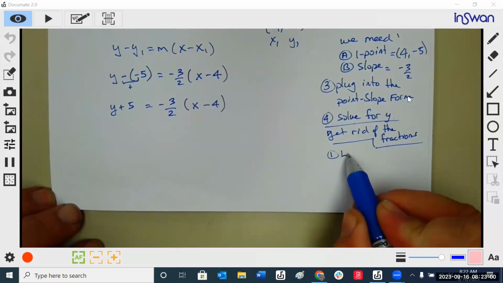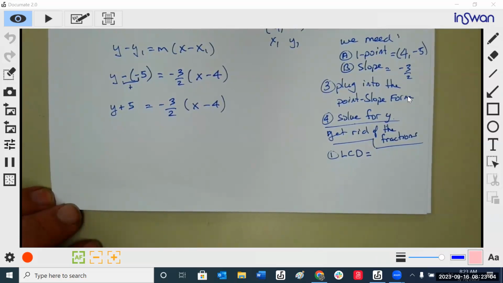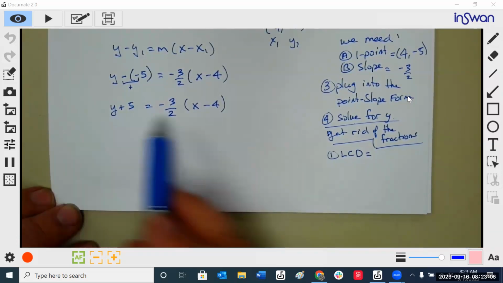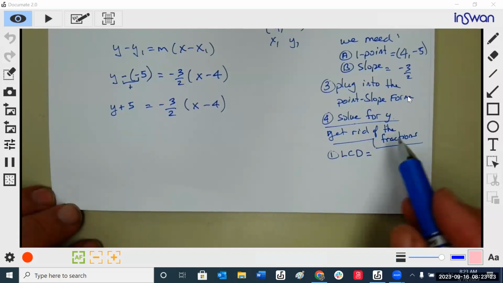First step, what is the LCD of that equation? What does LCD stand for? Yeah, the least common denominator. So what's the smallest denominator that all the bottom numbers fit into? 2. Yeah, it's the only denominator.